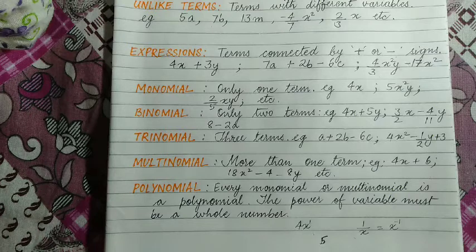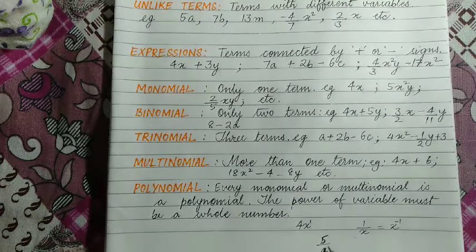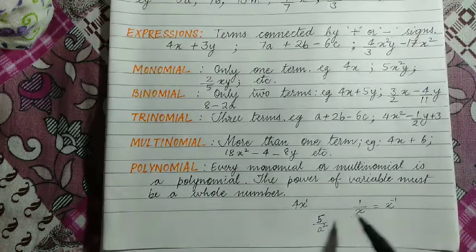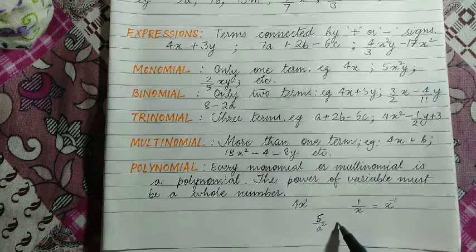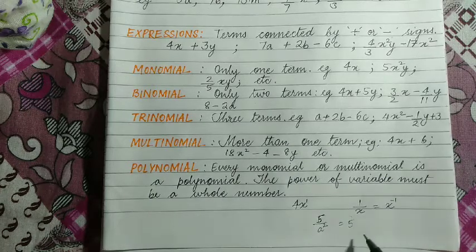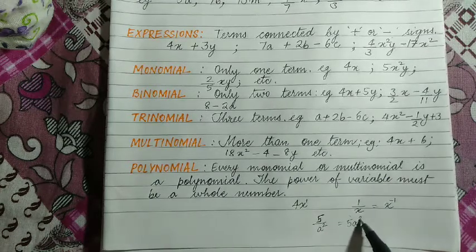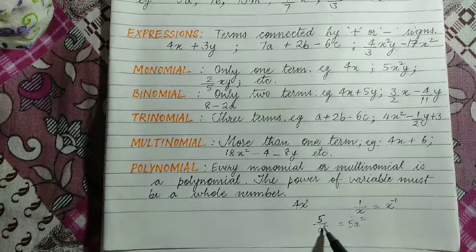But anything like 5 by a square does not represent a polynomial, because 5 by a square means 5 a to the power minus 2, which is not a polynomial because the power does not represent a whole number.